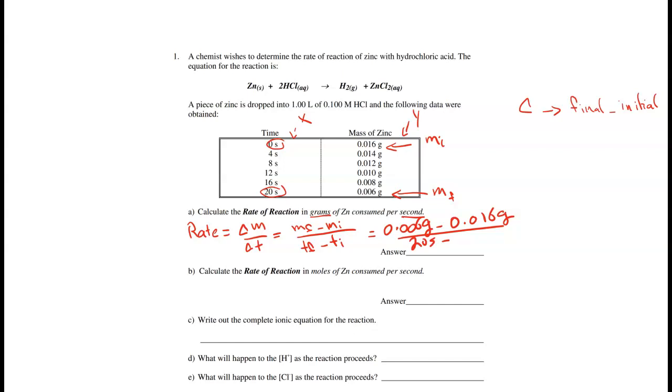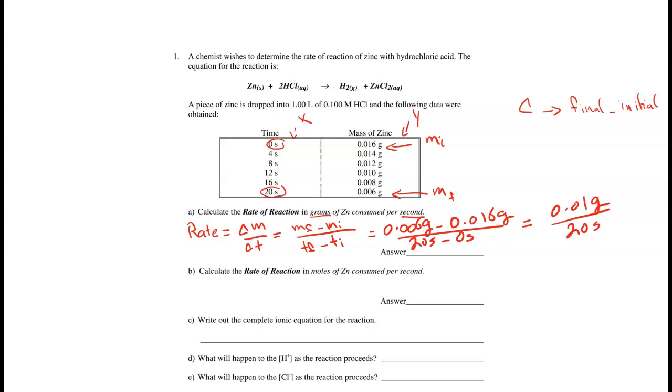minus 0 seconds. You don't have to put the units on each single one of those in this step. That's just a bit too time consuming and could be messy. So you're going to end up with 0.01 grams, and we're not doing significant figures in this video. Divide by 20 seconds.